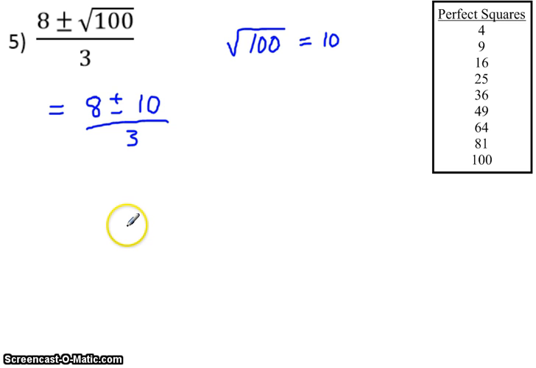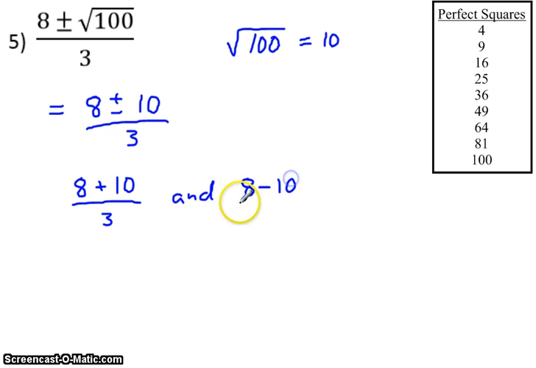So in this case, we actually do want to break this up into its two parts. It's going to be 8 plus 10 over 3 and 8 minus 10 over 3. And we're going to evaluate each of these. Well, 8 plus 10 is 18 divided by 3, and we know that's 6, so that's one of our answers.